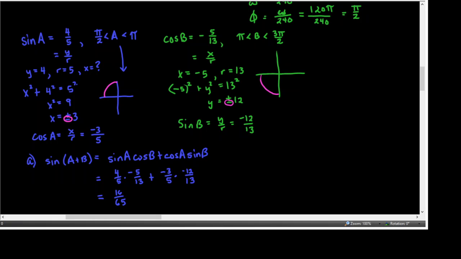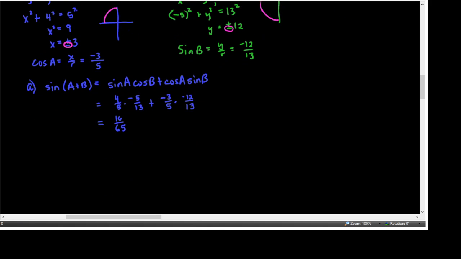Now let's do part B. Part B is tangent of A plus B. Well, I didn't find everything I needed, as it turns out, but that's okay.